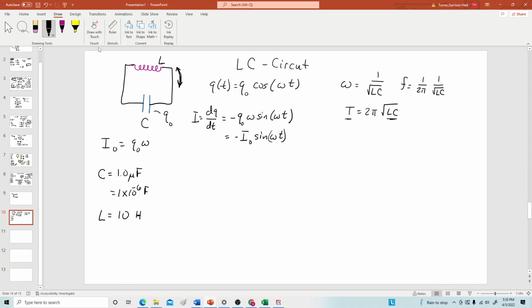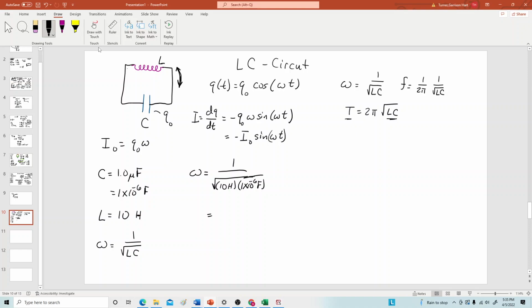So L and C, in that case, omega is going to be 1 over the square root of LC. And so omega would be equal to 1 over the square root of 10 henries and 1 times 10 to the negative 6 farads.